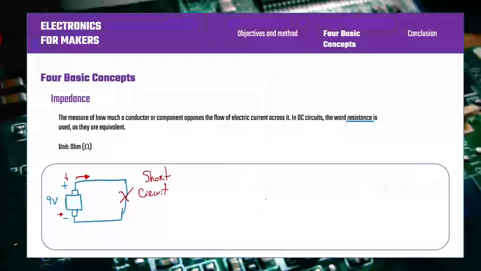So again, we're going to make a square with the positive terminal here, the negative terminal here. Again, we have a 9-volt battery, but this time we're going through a lamp, and it glows.